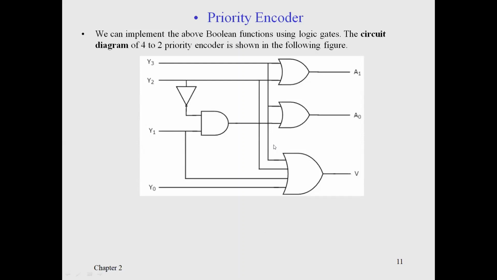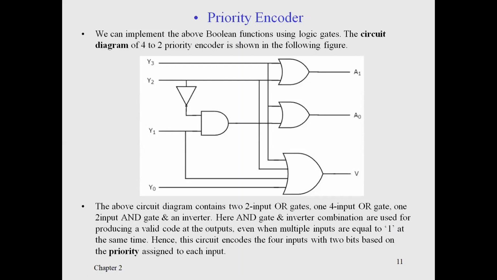The above circuit diagram contains 2 input OR gates, one 4 input OR gate, one 2 input AND gate, and an inverter. Here the AND gate and inverter combination are used for producing a valid code at the outputs even when multiple inputs are equal to 1 at the same time. Hence, this circuit encodes the 4 inputs with 2 bits based on the priority assigned to each input.